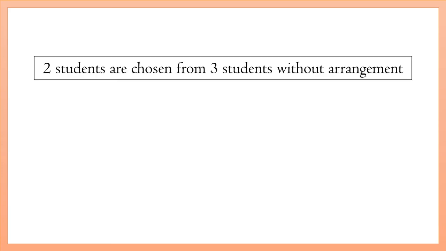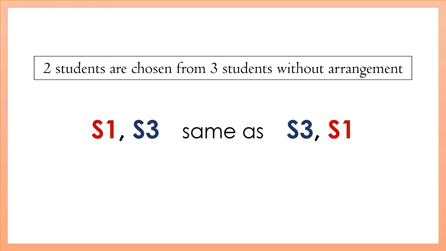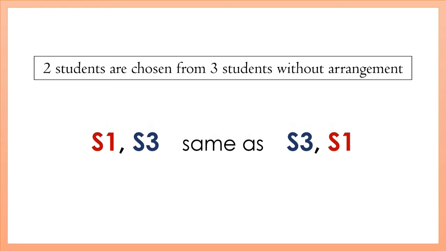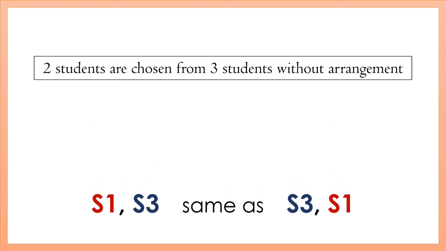In this example, 2 students are chosen from 3 students without arrangement. Note that arrangement here is not important because choosing student 1 and student 3 is the same as choosing student 3 and student 1. We can represent the number of ways of choosing 2 students from 3 students as 3C2.